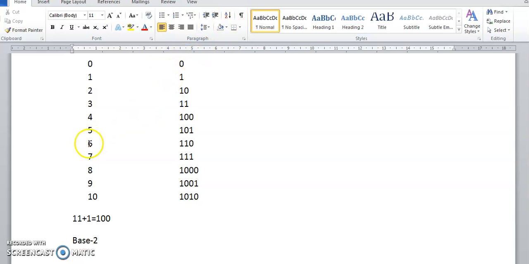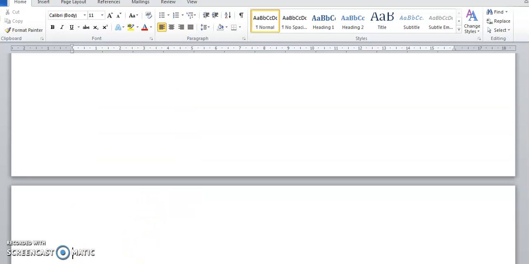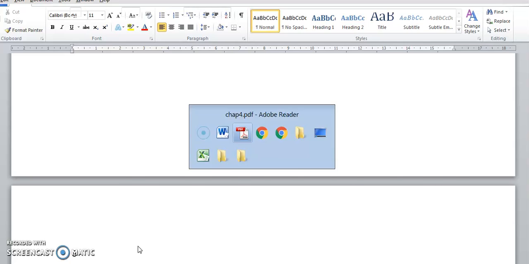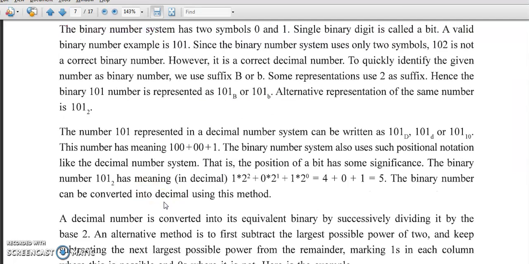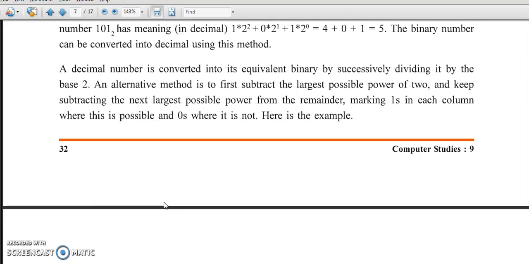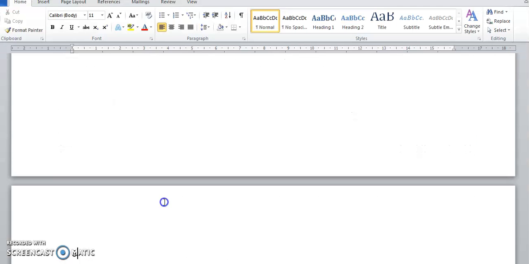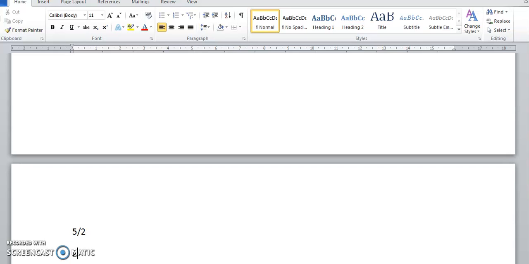Suppose I want to convert 5 into the binary number system. So how can we convert 5? You divide by 2. The answer will be 2, remainder will be 1.